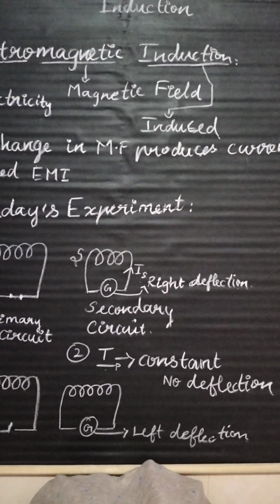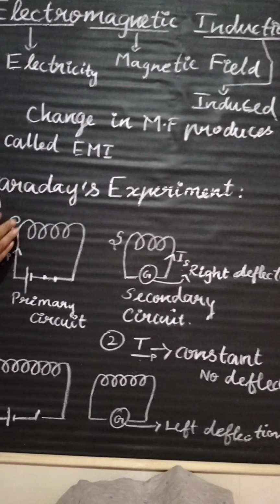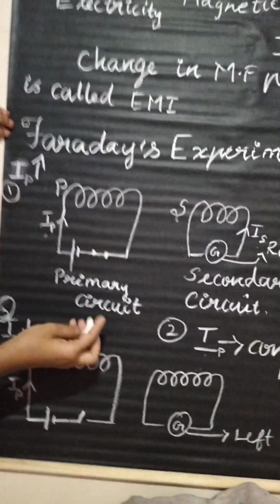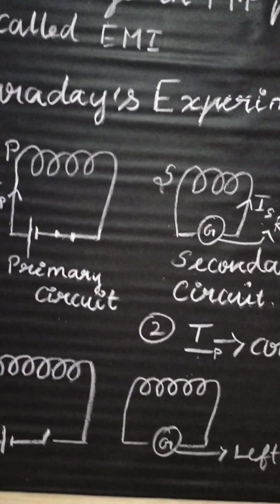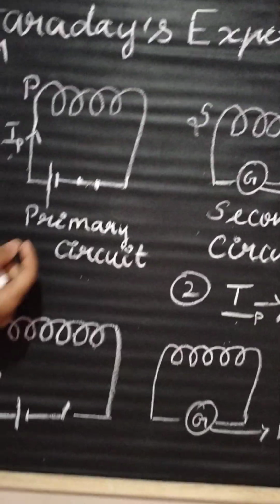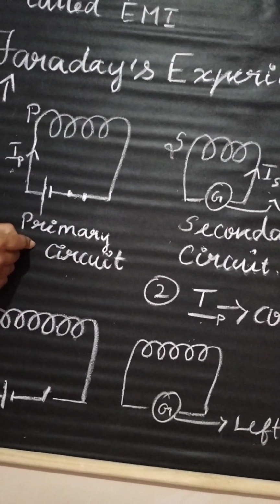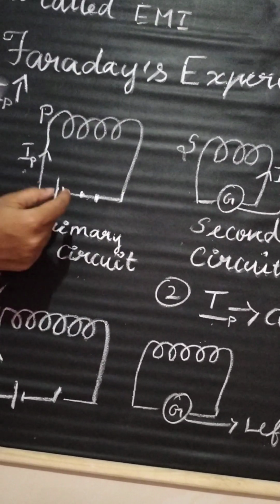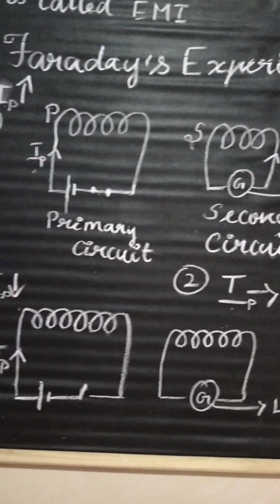Let's see the next experiment of Faraday. In this experiment, he used a primary circuit and a secondary circuit. The primary circuit is connected with a battery, a key, and a solenoid.